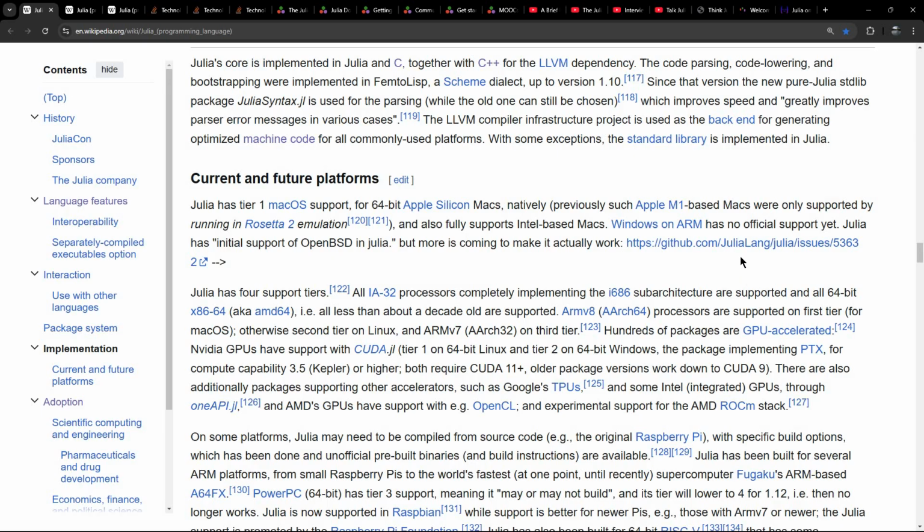And as with, I think, all the languages we looked at so far, active community, active ecosystem. We'll see how prevalent its use is generally when we look at the results of the Stack Overflow survey, which I was doing in these episodes.